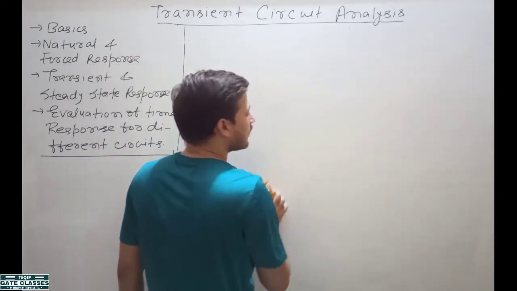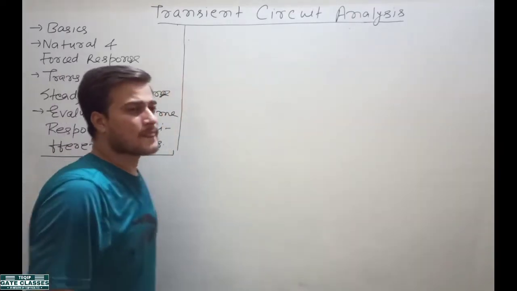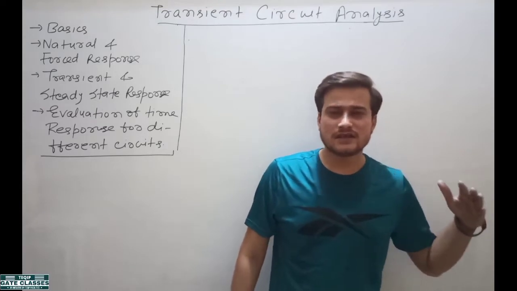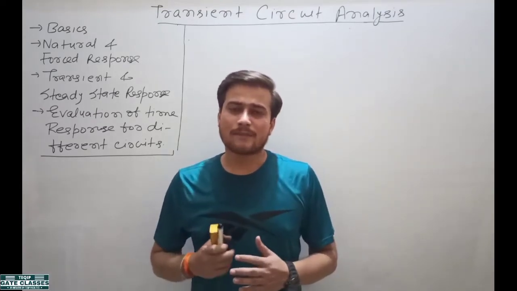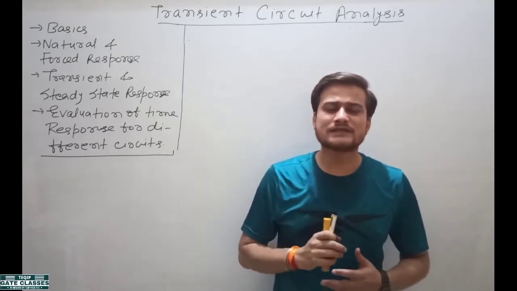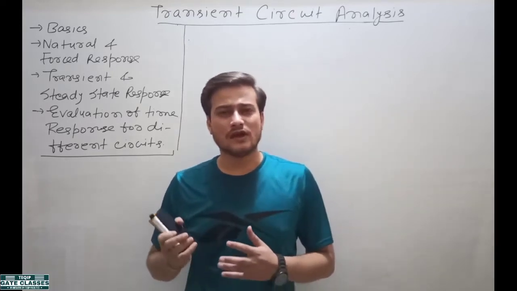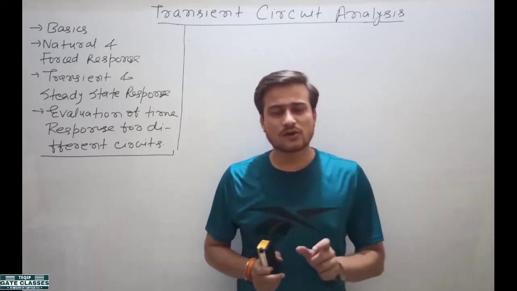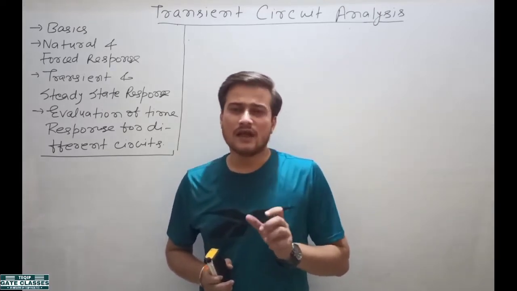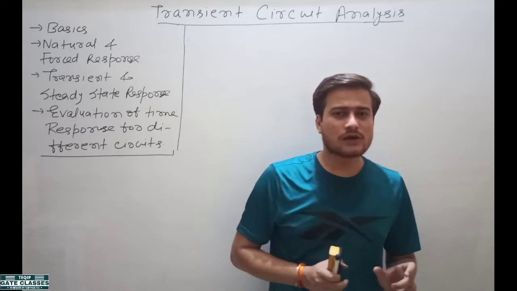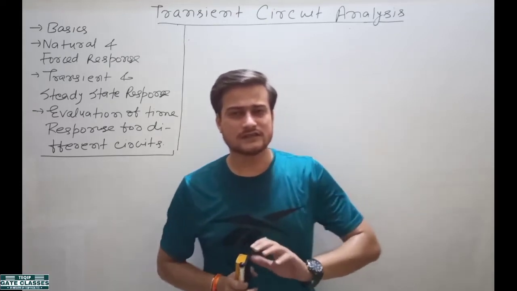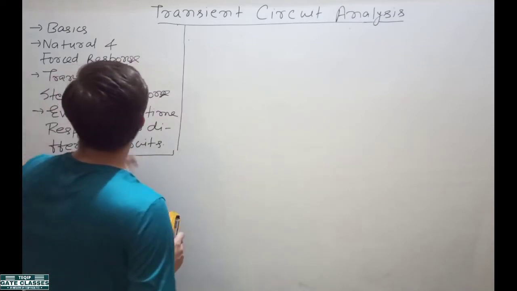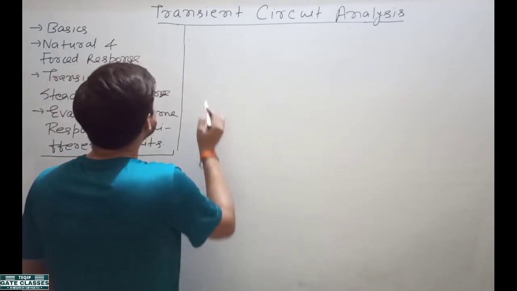Similarly, for a capacitor: a capacitor acts as a short circuit when time t is equal to 0, and acts as an open circuit when time t tends to infinity. Write one more statement that an inductor does not allow sudden change in current and a capacitor does not allow sudden change in voltage. Clear? Next, come to the second part, that is natural response and forced response.